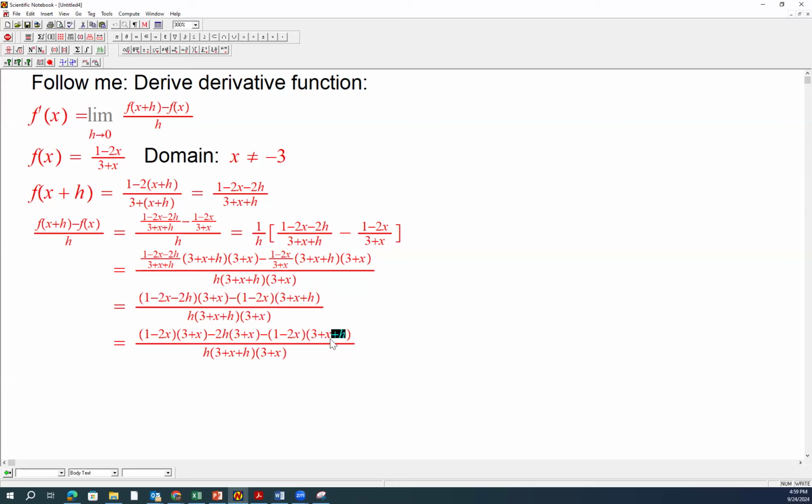In front of it is a negative sign. And 1 minus 2x times h is going to be subtraction, so I put h right there.